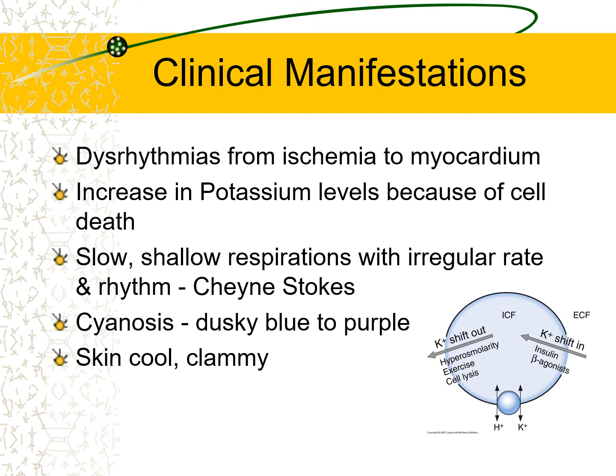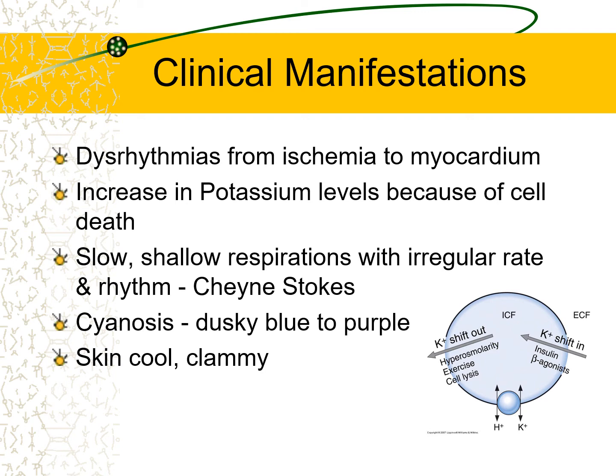We also have an increase in potassium levels because remember, potassium is the major intracellular cation, and when that cell dies and apoptosis occurs, it's going to release potassium into the bloodstream, and we're going to see an increase in potassium levels. This too can promote dysrhythmias.